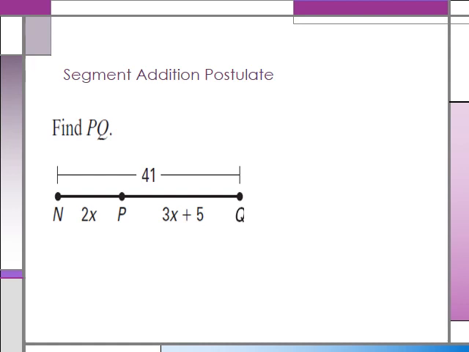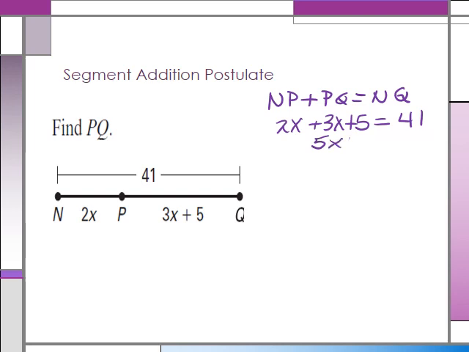Here's another example using the segment addition postulate. We know that NP plus PQ equals NQ. By our diagram, we're given that NP is 2x, PQ is 3x plus 5, and NQ is 41.